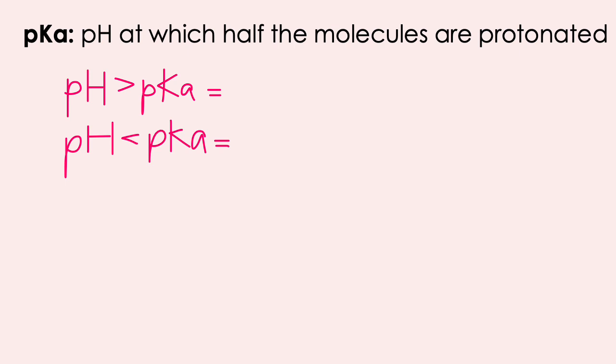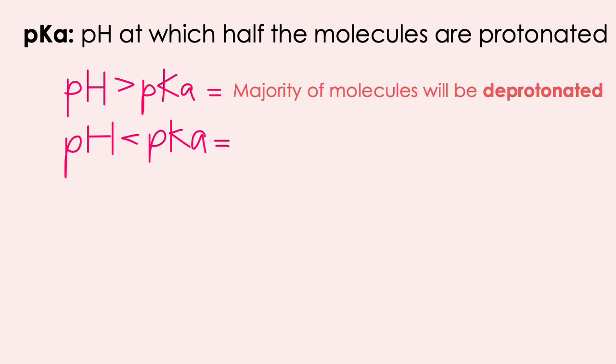So when your pH is greater than your pKa, the majority of molecules will be deprotonated. On the other hand, if the pH is less than the pKa, if the environment is more acidic, if there's more free-floating hydrogen ions, you have more hydrogen to protonate the molecule. So the majority of the molecules will be protonated.